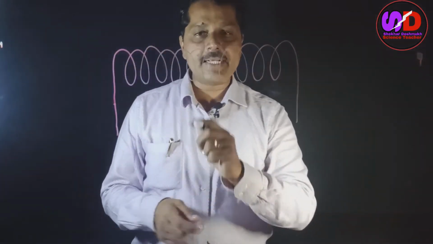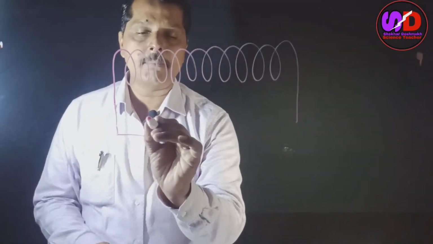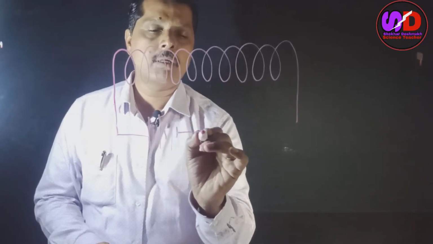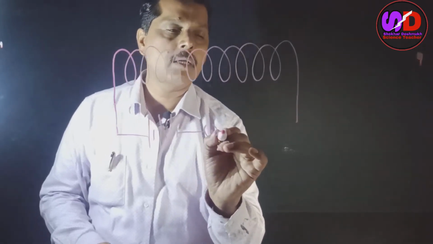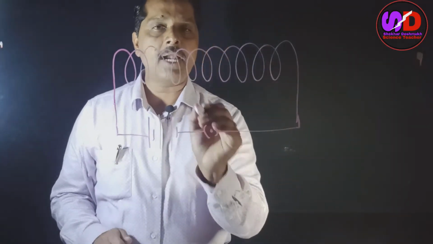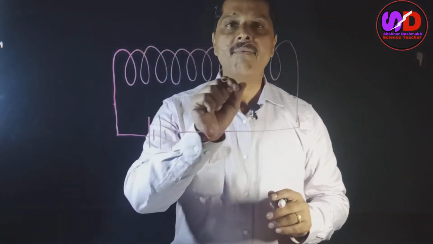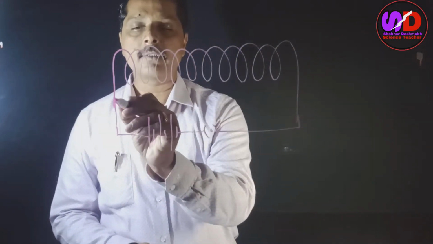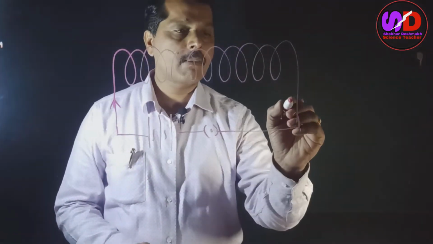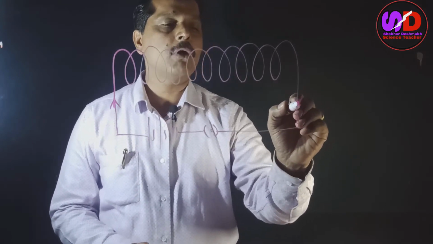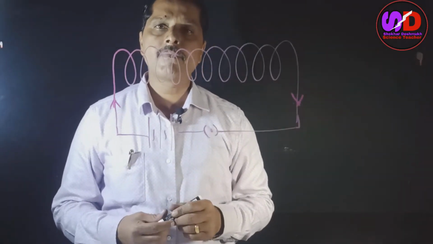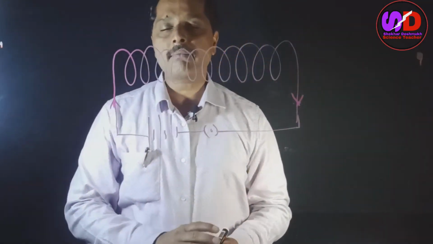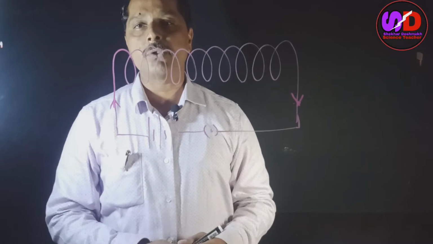If I connect it to the battery and a key, and if I press the key, the current starts flowing in this direction. So this should be the direction of electric current. As soon as the current starts flowing through it, a magnetic field is produced.